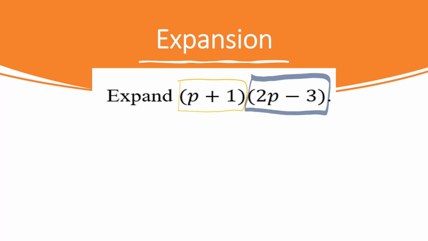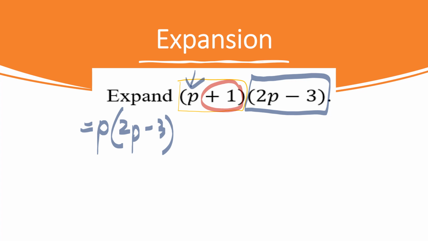Look at the first bracket. The first term in the first bracket is p. So I'm going to take p and multiply it into your second bracket. Then go back to your first bracket, the second term, which is positive 1, and multiply it into the second bracket. This should be easy.